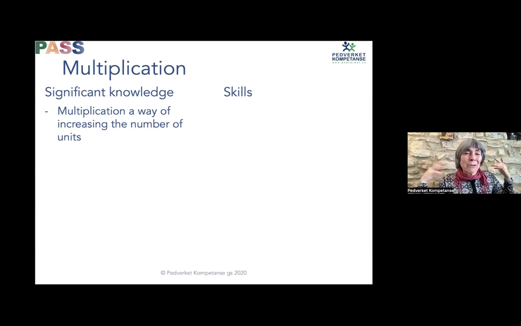I don't know whether this is a saying in English actually, or in Czech. But I'm on safer ground when I say not only the number, but the number of units. Because if we are clear about what units we are working with, the number of those units will always increase when we use multiplication.